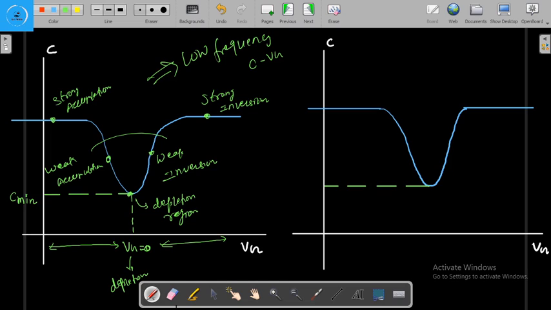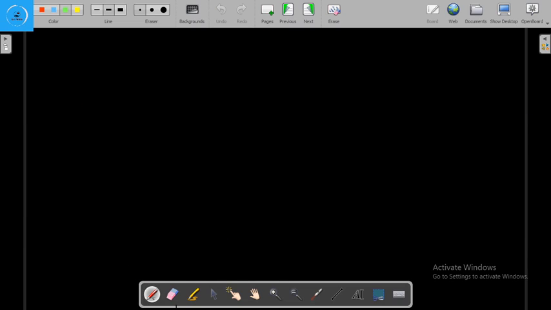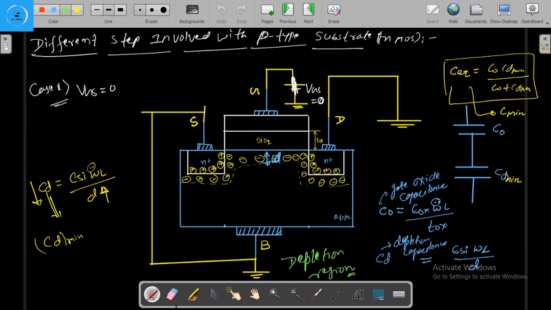Okay, when we are increasing the frequency, this means we are applying the positive voltage immediately, and then we are applying the negative voltage immediately, right? When we are going for the high frequency, from 0 to negative and from negative to positive, we are applying very fast, from negative to positive and from positive to negative.